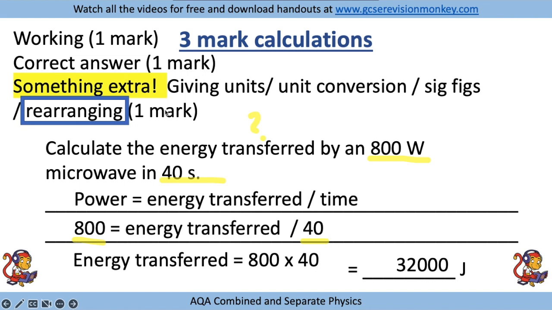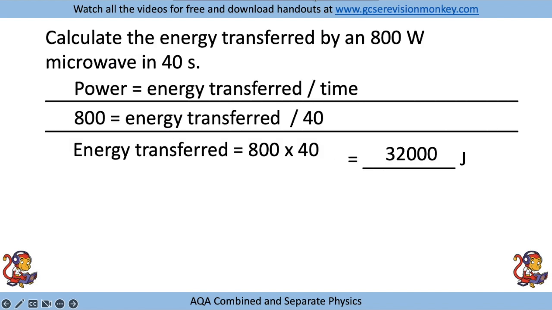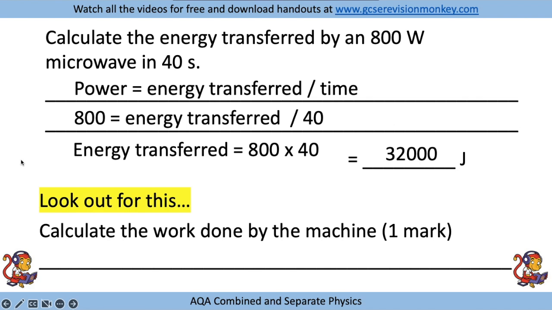So that's another thing that they could do in a 3-mark calculation. And look out for this. If they ask you about energy transferred, look out for a 1-mark question straight afterwards saying calculate the work done by the machine. And your clue is that it is just 1 mark.